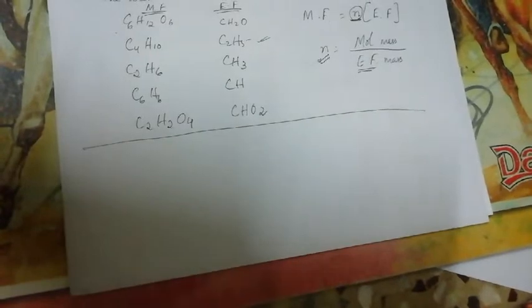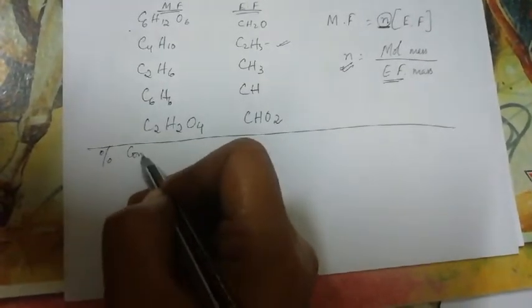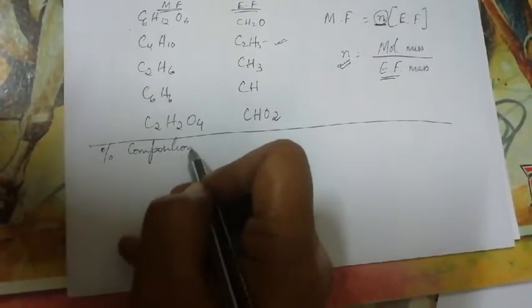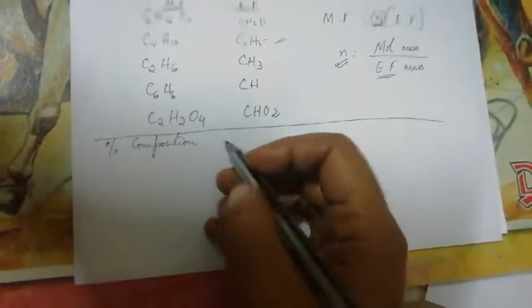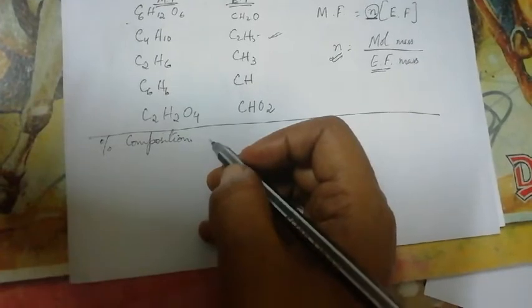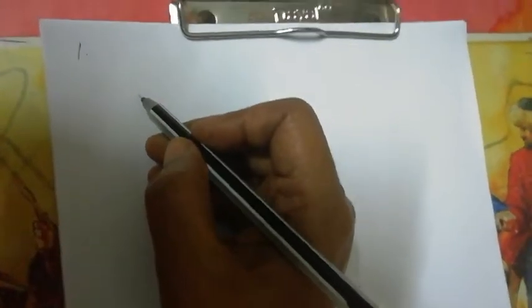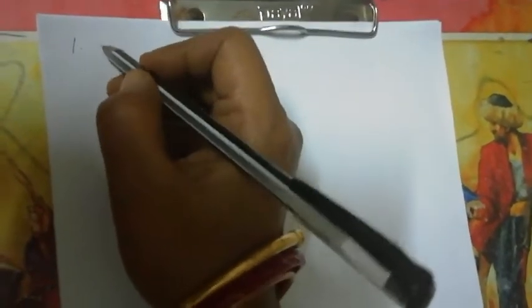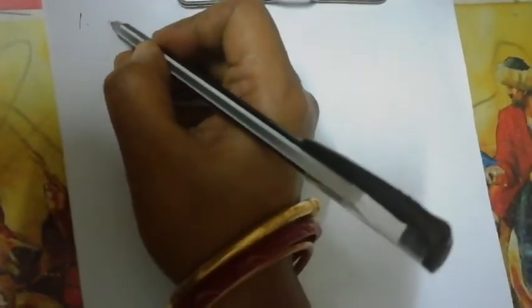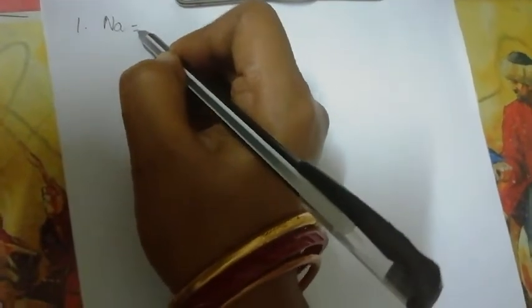Suppose you have a question. Calculate the empirical formula. Now to calculate the empirical formula, you need to know the percentage composition. By now you know what is percentage composition. Suppose you are asked to calculate the empirical formula of a compound which on analysis gave the following data.